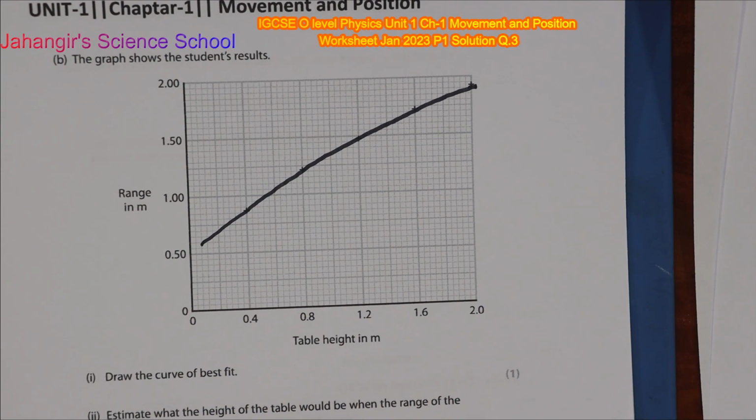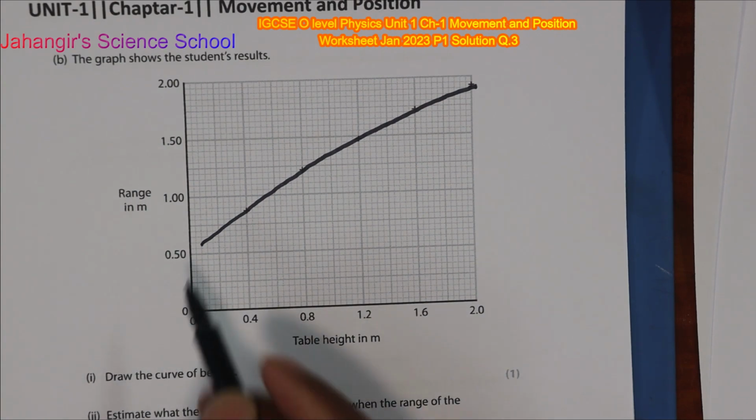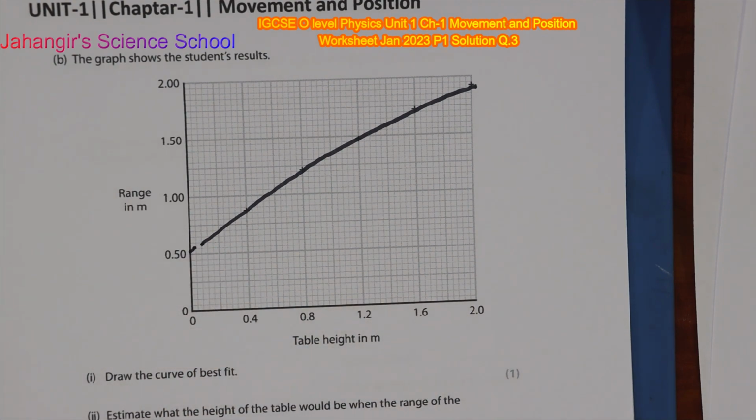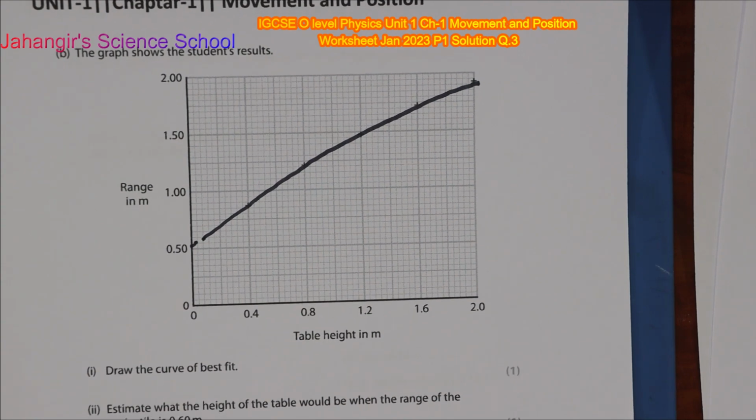Estimate what height the table would be when the range of the projectile is 0.6, then calculate the height. 0.15 is the height.